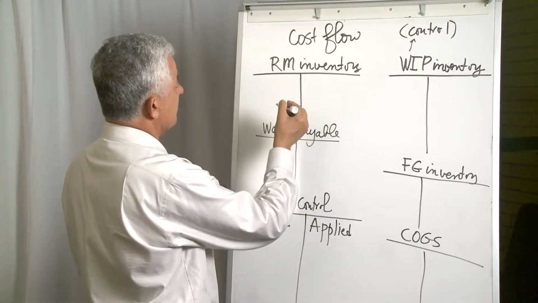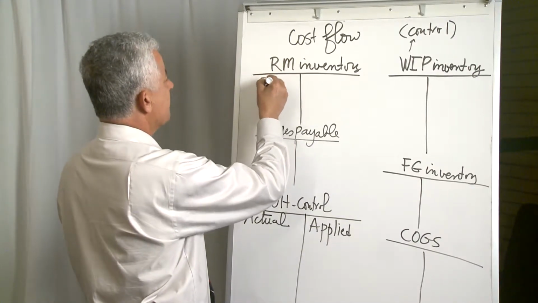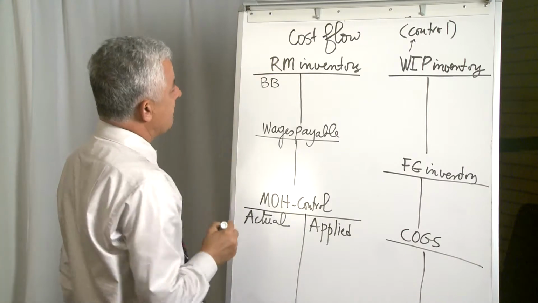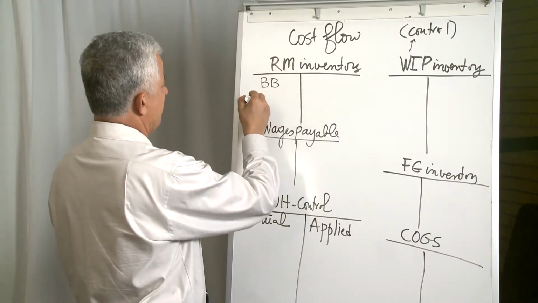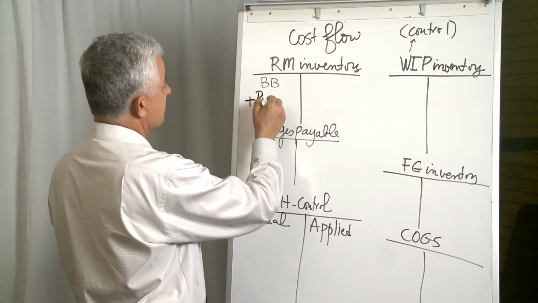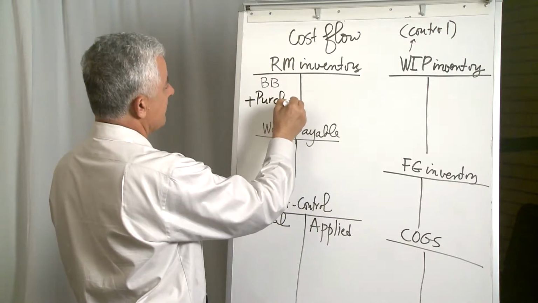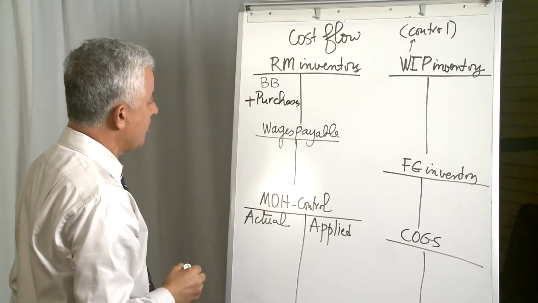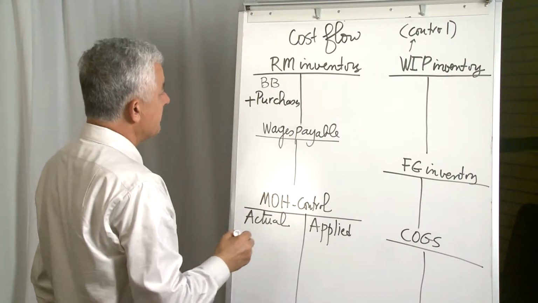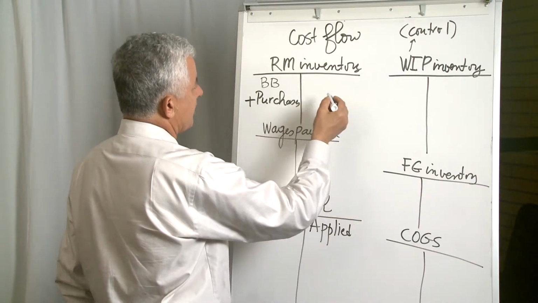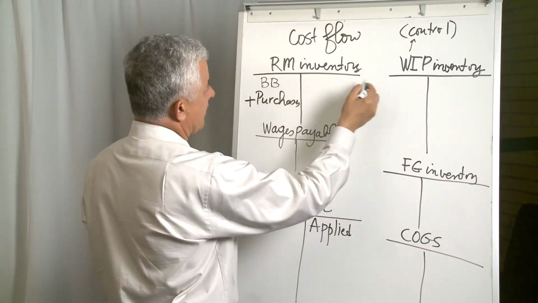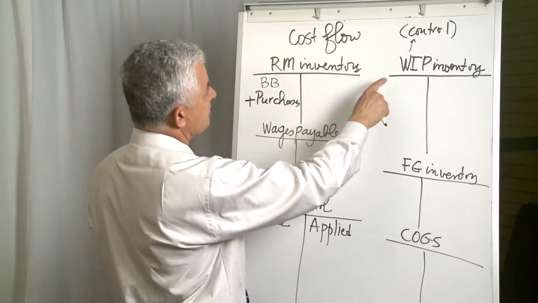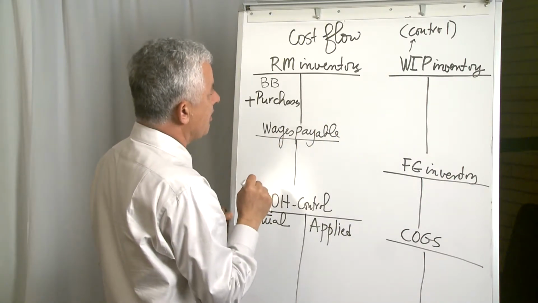So we start our raw materials with the beginning balance. BB stands for beginning balance, plus our purchases will increase our raw material inventory. And now we need raw materials to start working on the jobs.